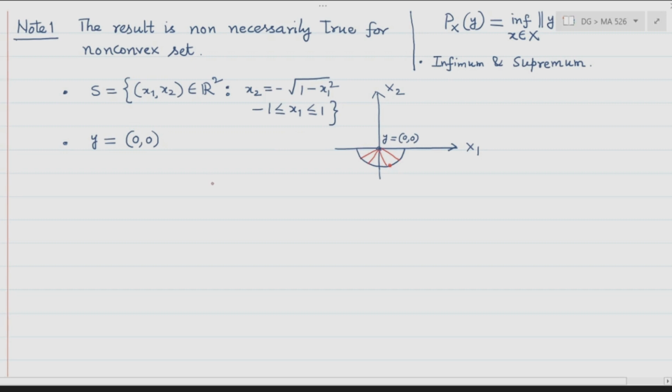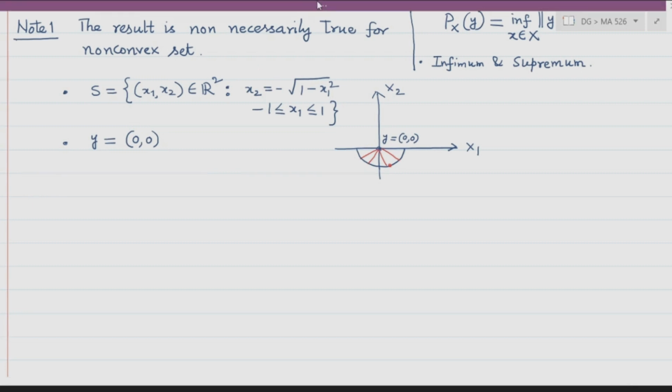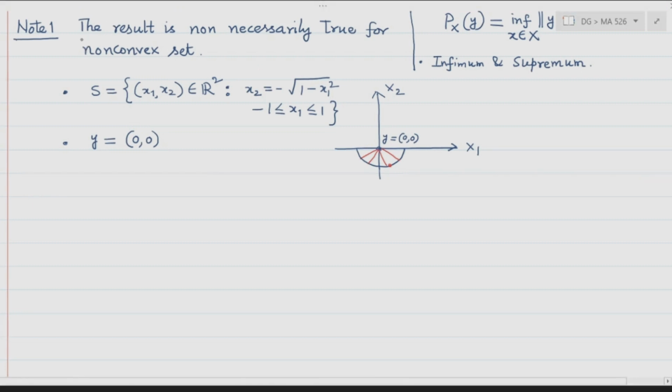Also, the result is not necessarily true for an open set. Now, towards this, you can quickly find one example. To be mathematically precise, to write the example, don't just write that this is my open set. Don't just draw a figure like this, that this is my open set, and I take a point over here, and obviously the minimizing distance does not belong to the set.